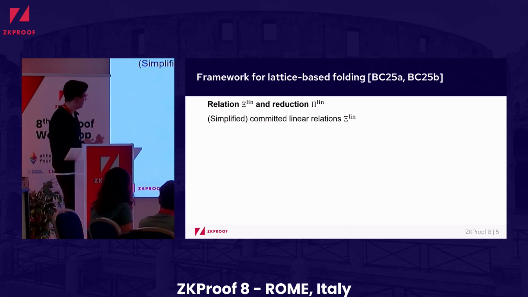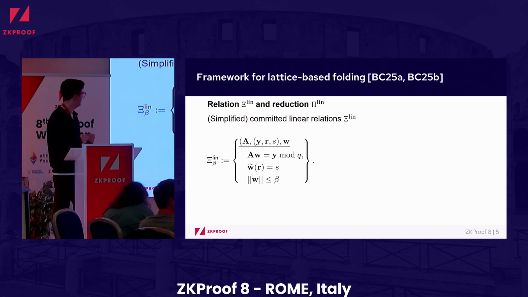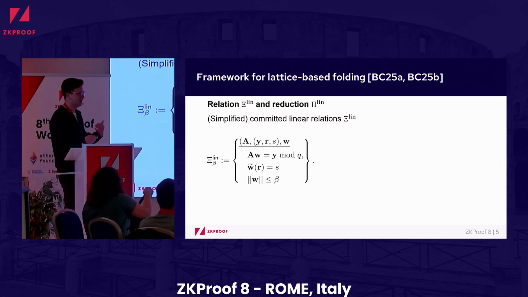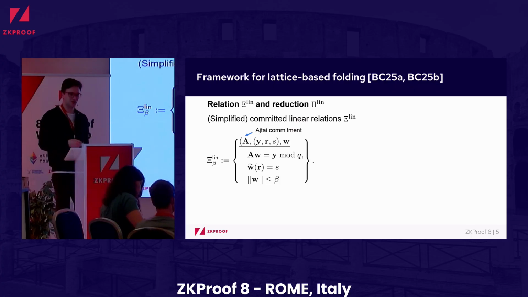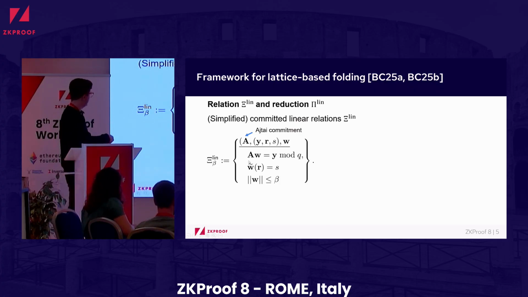However, practically in our lattice-based schemes, we talk about a simplified linear relation, so that we have some witness which is committed under some commitment, and on top of that we define a constraint over the multilinear extension of the witness.